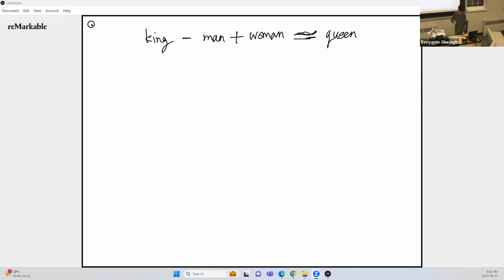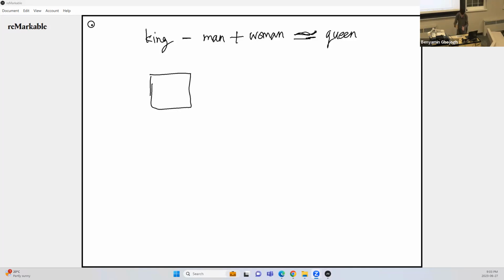As I said, we have arithmetic between words here. Later, papers came for arithmetic between images. They learned, for example, within variational inference or in GAN, generative adversarial networks, which we will cover, something like this.